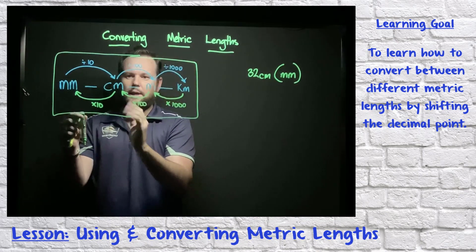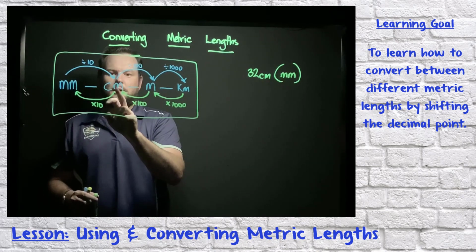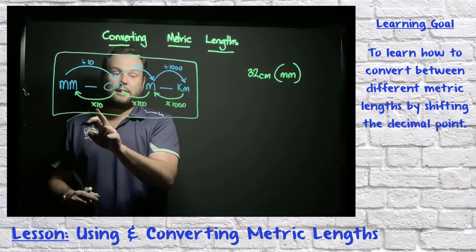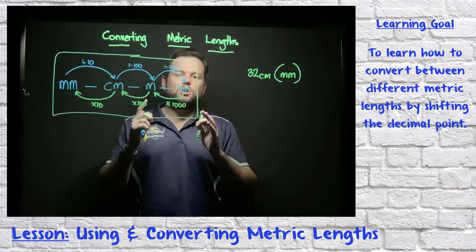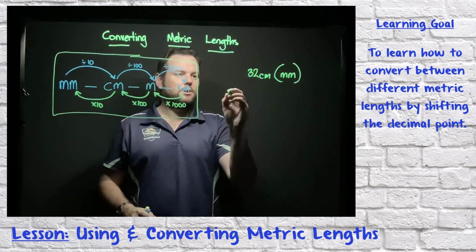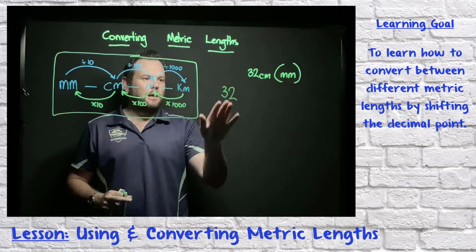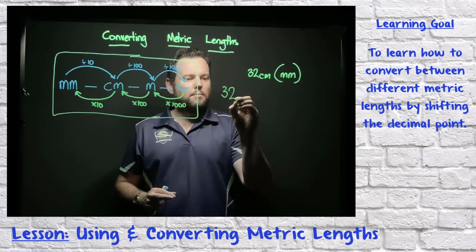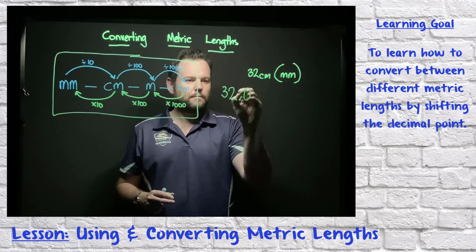So we come over here to our chart and we go, okay, we're going from centimeters to millimeters. So from centimeters to millimeters, I need to multiply by 10, okay? Now it's all about shifting the decimal point. So if I've got 32, let's take away the unit for the moment, at the moment my decimal point is sitting here after the 2, okay?